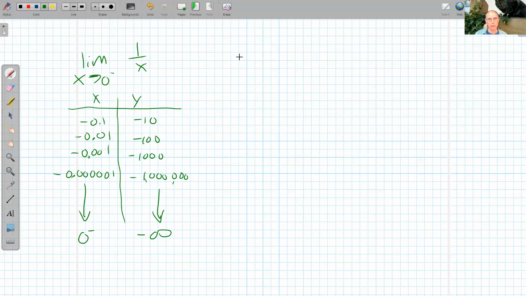So formally, I can write something like the limit as x approaches 0 from the left of 1 over x is equal to -infinity, but here I'm using equals in an even different sense than I was when I talked about the limit that did exist.